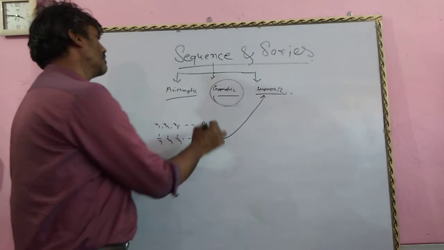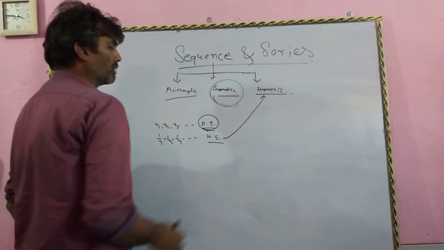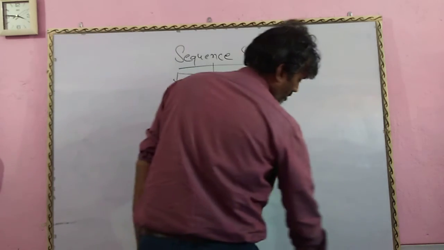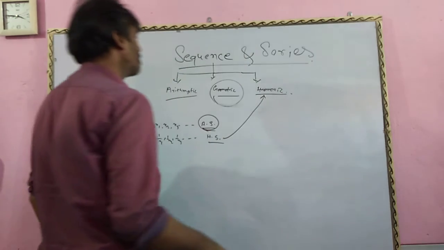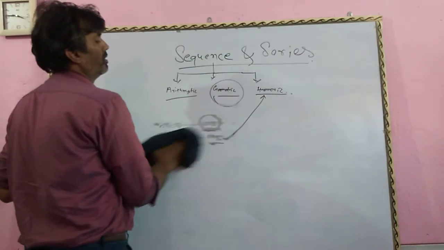If something is in arithmetic sequence, then the reciprocals of those terms will be in harmonic sequence. Okay, definition is over. Now we will come to the problems.